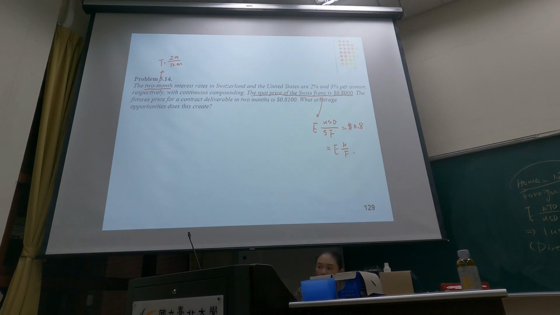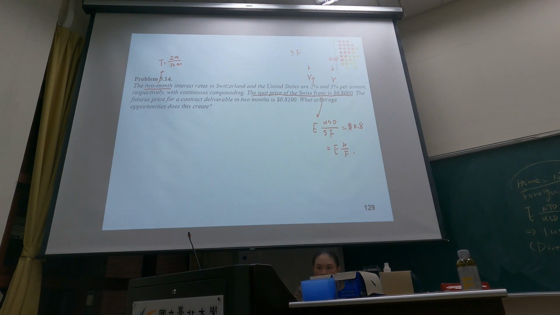Now go back to the first sentence: interest rates in Switzerland and the United States, 2 and 5 respectively. The first one is Swiss, so that's the RF. The second one is home, that's the R. That's the most important thing. That's the Swiss, and that's the USD.